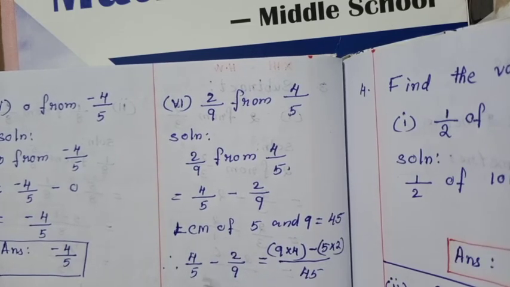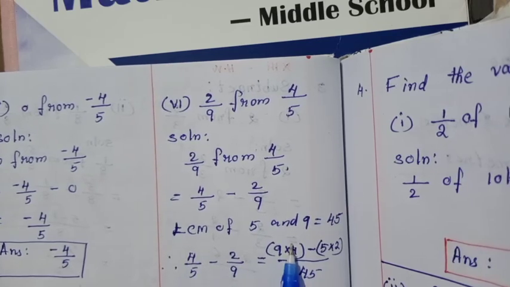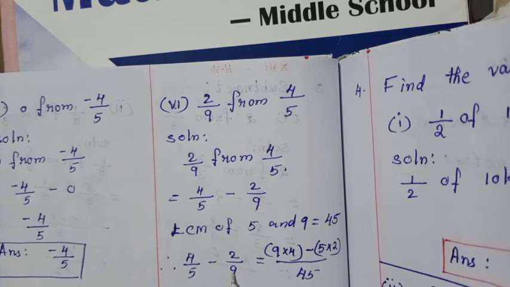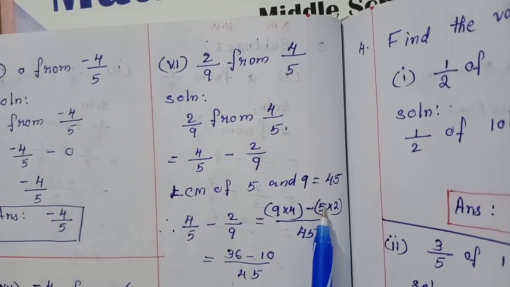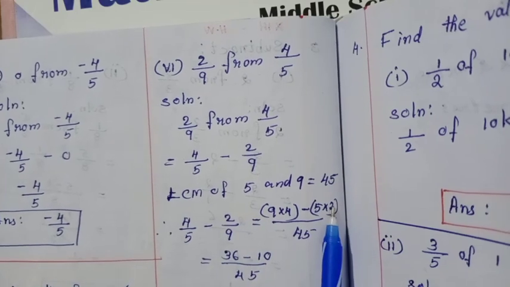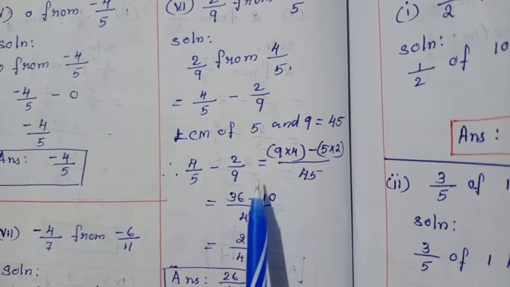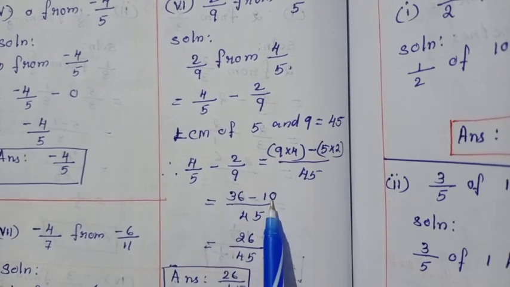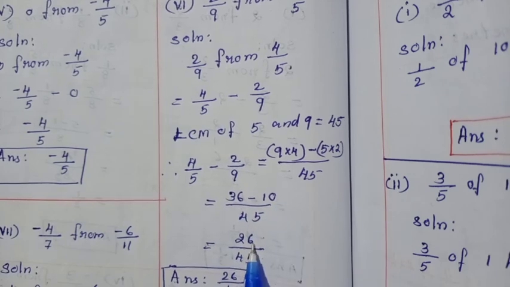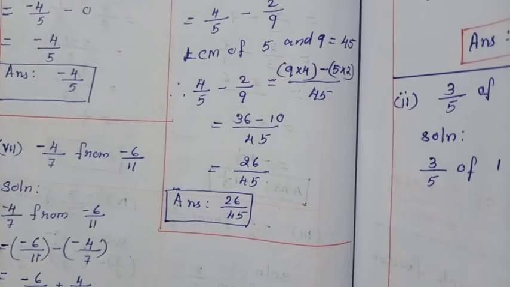Same process: 5 how many times in 45? 9 times, into the numerator 4. 9 how many times in 45? 5 times, into the numerator 2. Then next line is 9 into 4, 36, minus 5 into 2, 10. 36 minus 10 equals 26 by 45. So the answer is 26 by 45.